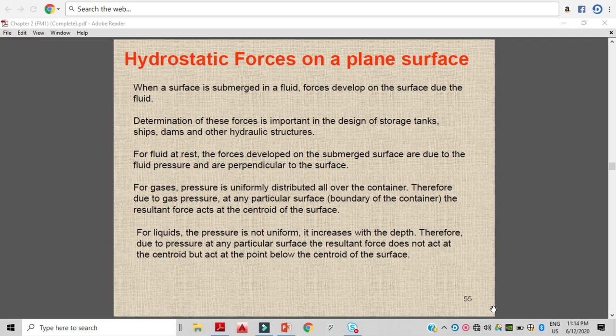So it is very clear: if a surface is submerged in a liquid and the applied force is uniformly distributed on the surface, in that case the resultant force acts at the centroid.